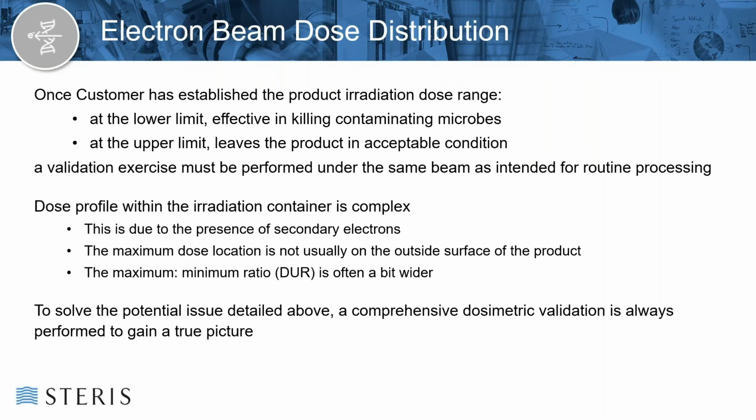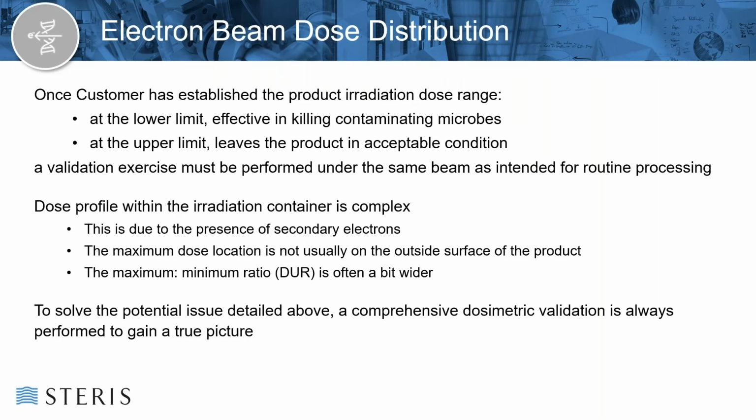The dose profile within a radiation container is complex, owing to some of the things I've mentioned already: this effect of change in dose with depth, the complexity of the materials that we're putting into our process, the complexity of the mass distribution within the volume, the composition of the materials, voids, empty spaces, and other scattering elements within our process, such as the carriers themselves, which can scatter electrons.